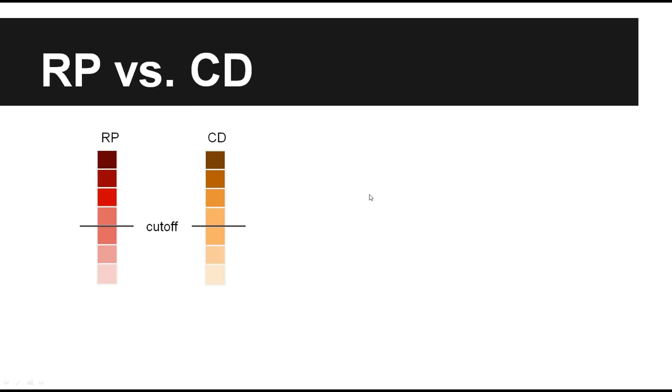But now we basically have 2 approaches to rank the genes: using the rank products and using the averaged characteristic direction. If we apply the same cutoff, the same cutoff means that if we find 300 genes are significantly differentially expressed using the RP method, we will pick the top 300 genes using the CD method as the differentially expressed genes.